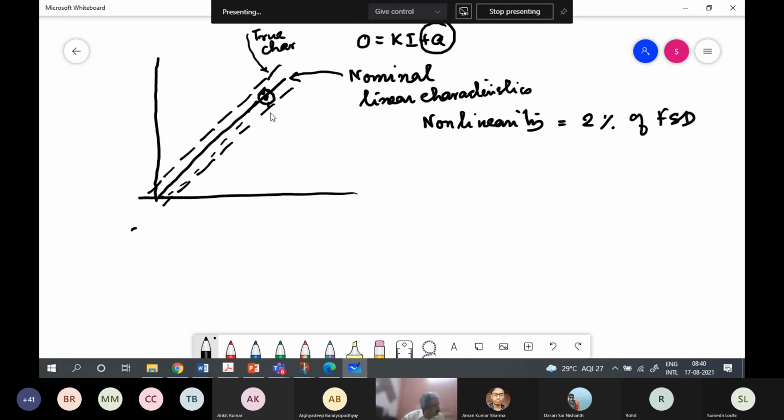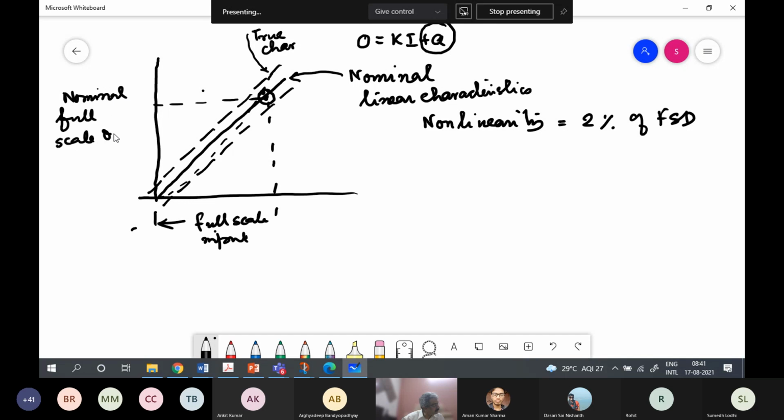Suppose this is the full scale input, and this is the nominal full scale output.